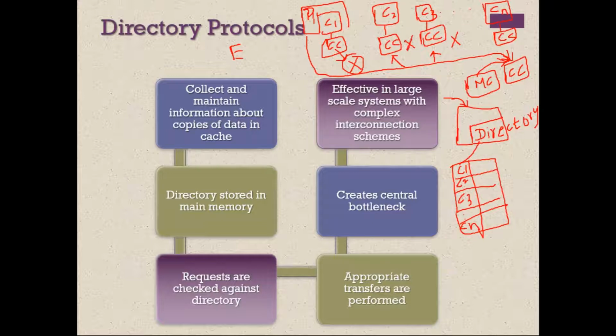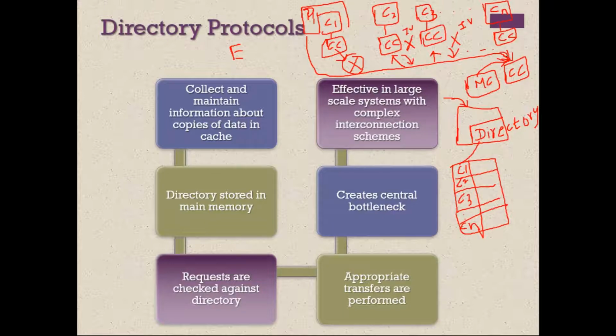Let us represent invalid as IV, so this x becomes invalid, and here also x becomes invalid. Wherever x is present other than P1, all the other copies of x become invalid. After invalidating, they acknowledge to the centralized controller that yes, we have invalidated x.